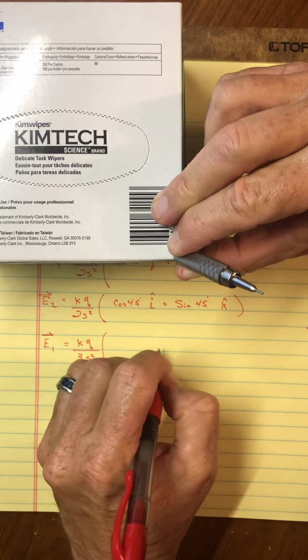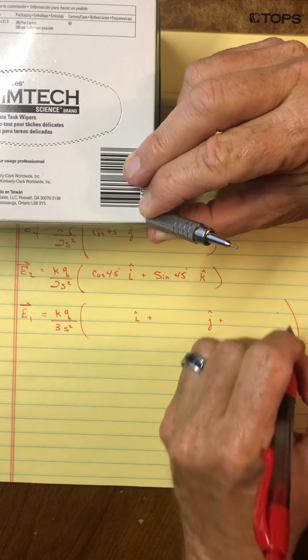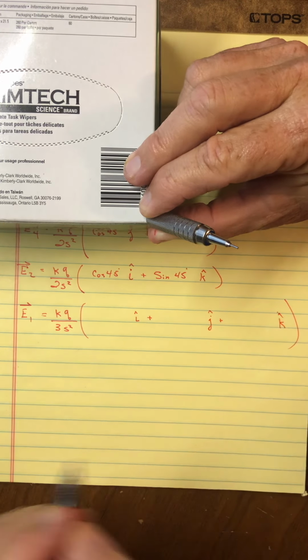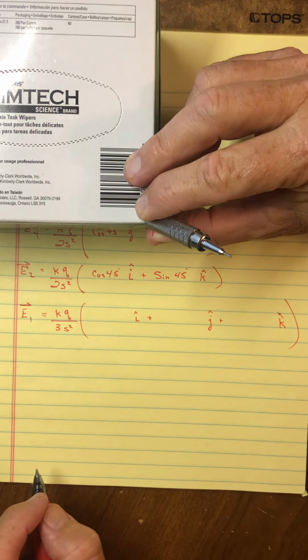So there's going to be an i hat, a j hat, and a k hat. Okay. Now, I think maybe I will start with the easier of the 3, and it's actually this k hat one.